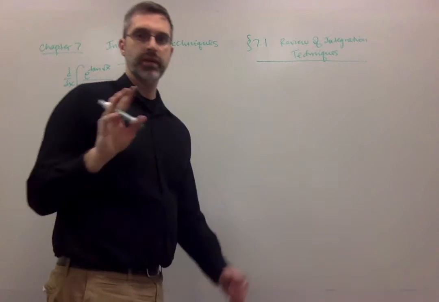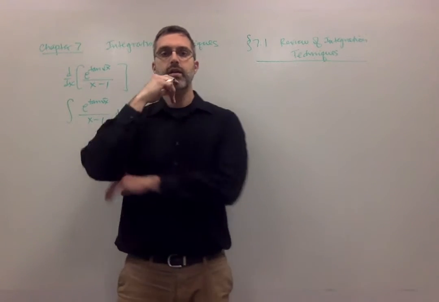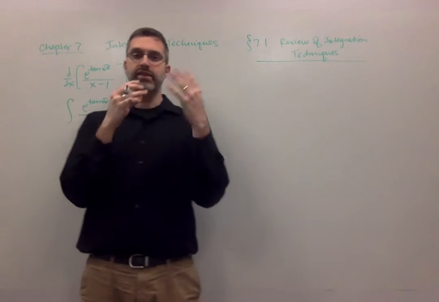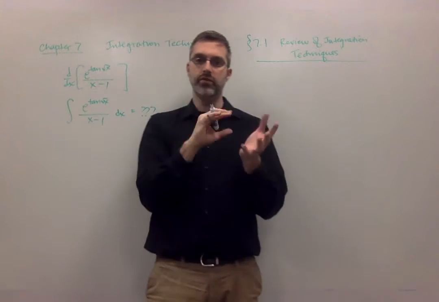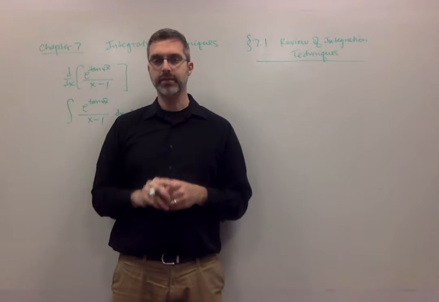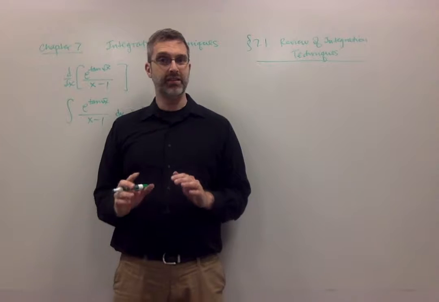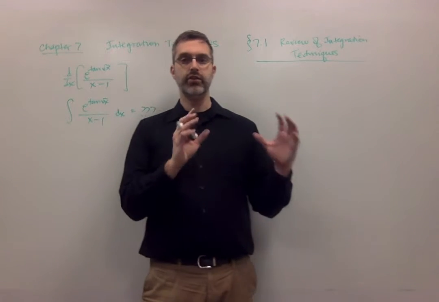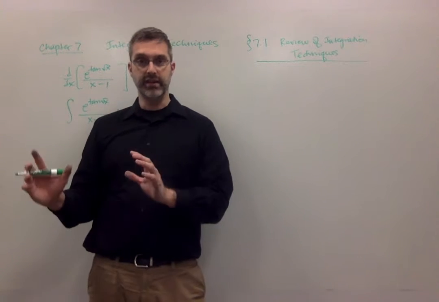Kind of like, you remember we had a list of things when I give you a limit: if it's of this form, you try this. By the end of this chapter, we're going to have a list of things: if you have an integral of this form, try this. If you have an integral of this form where you notice this, try this.